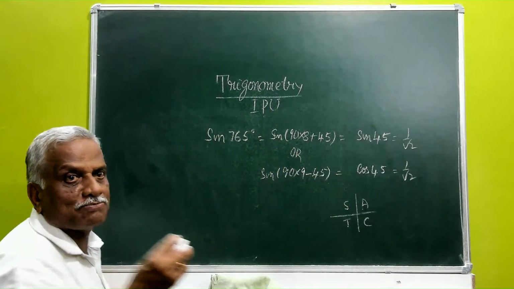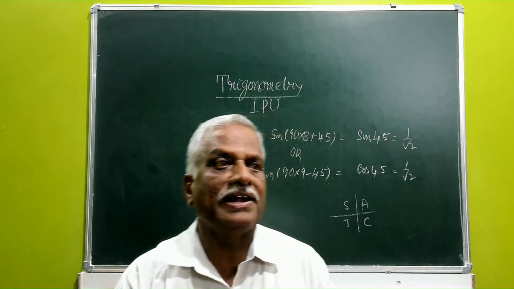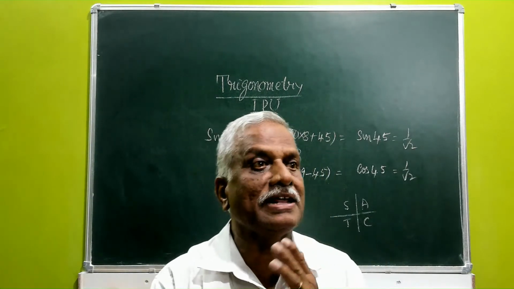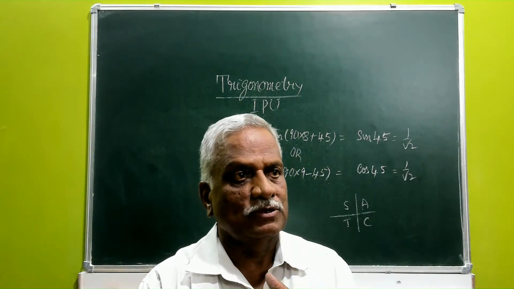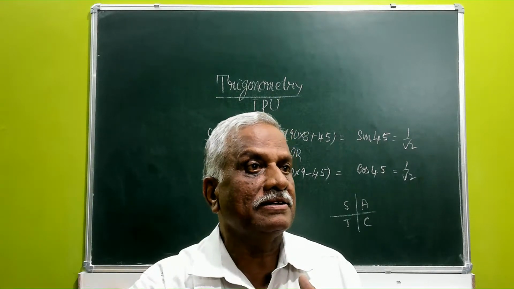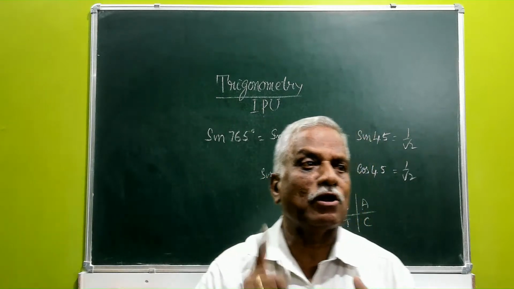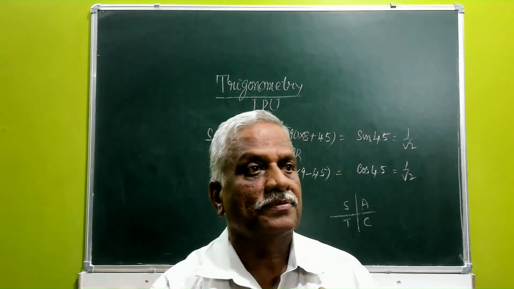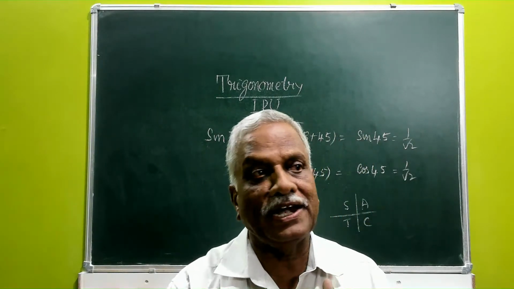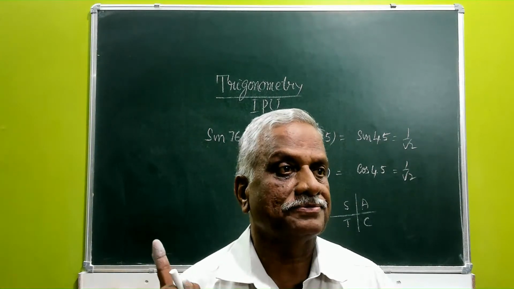So I'll just brief this again because many of the students have got problems in allied angles. Just remember these 3 points. Whatever angle is given, you divide that by 90. So you find whether it is an even multiple or odd multiple of 90. Odd multiple of 90 plus or minus theta, trigonometric function will change.